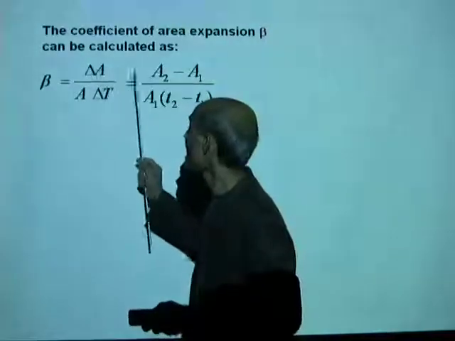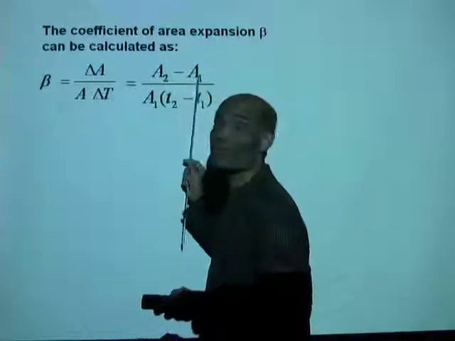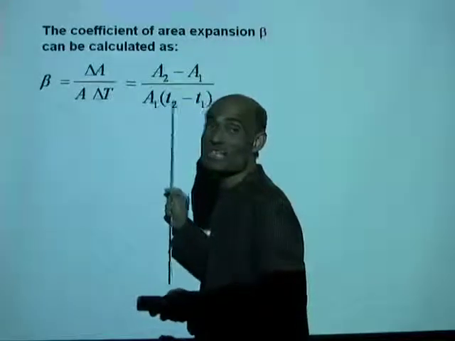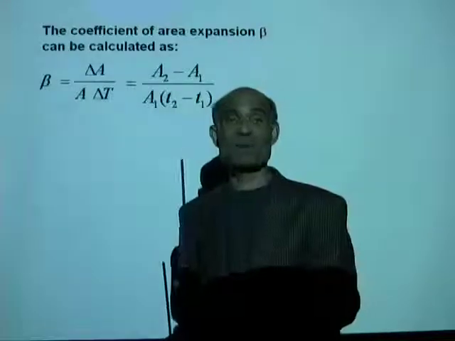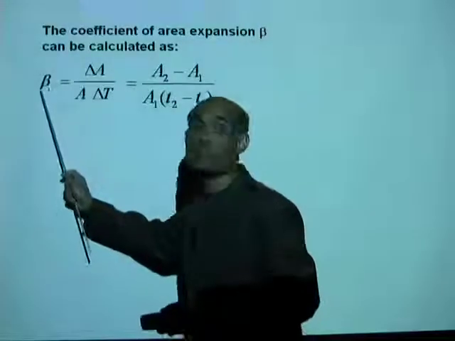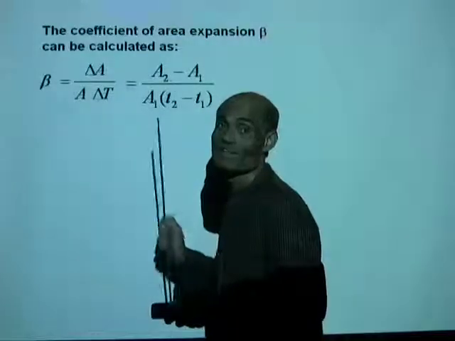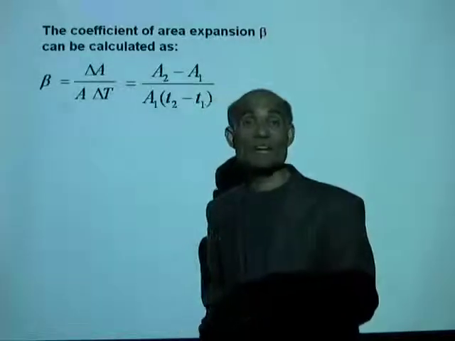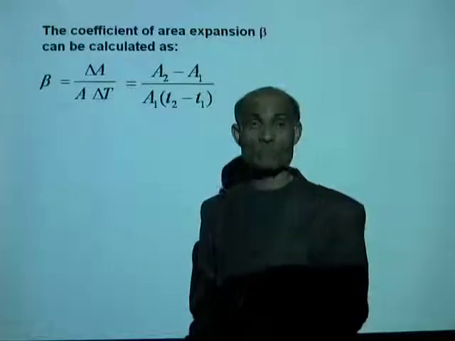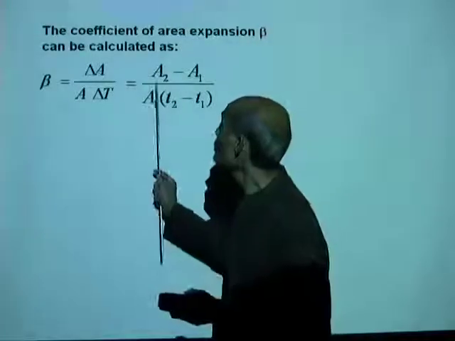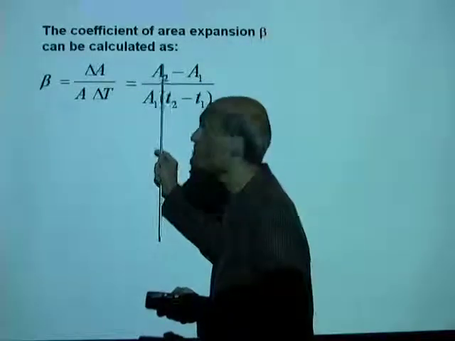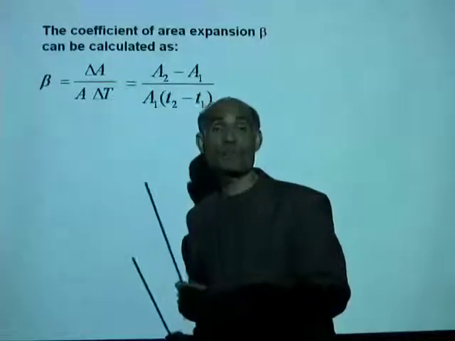And delta A is A2 minus A1. Delta T is T2 minus T1. So we can write beta equal to A2 minus A1 divided by A1 times T2 minus T1. Can you use this to solve for A2 the way we did solve for L2?